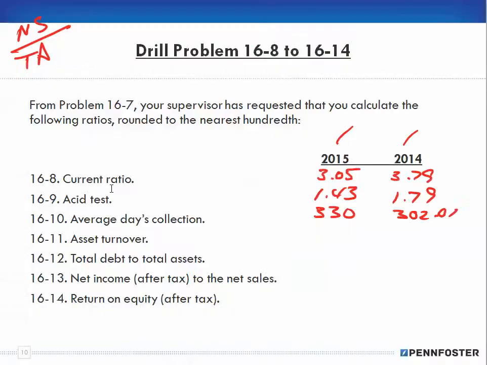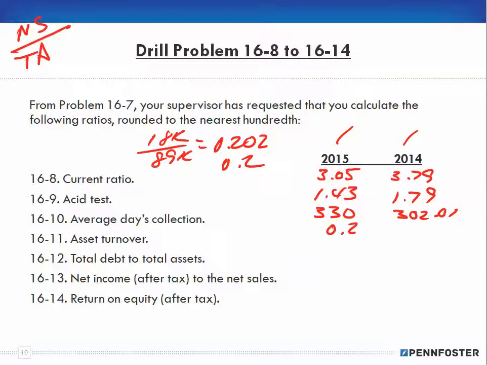Okay, so we have 18,000 divided by 89,000, and that gives me 0.202, or 0.2 for my asset turnover.